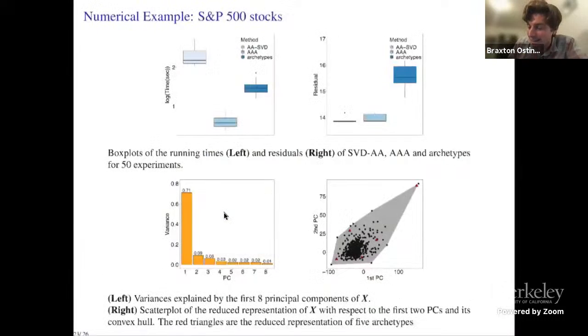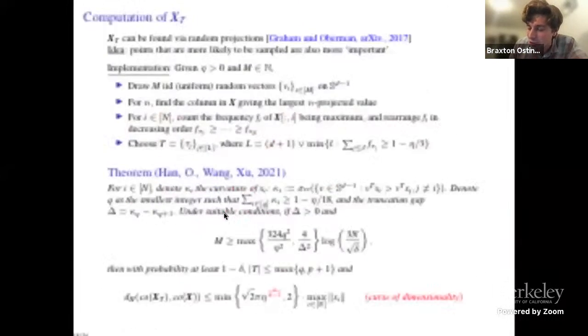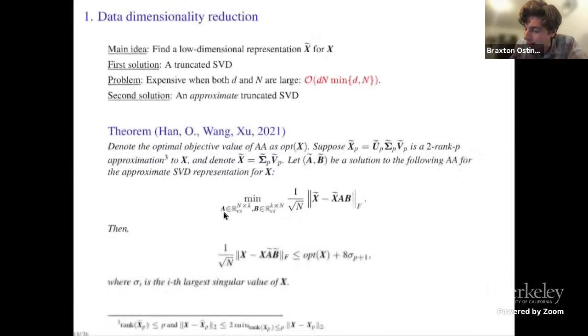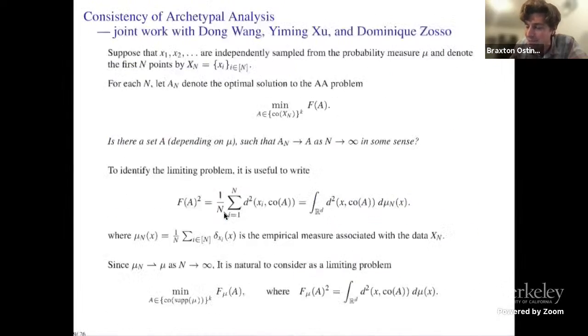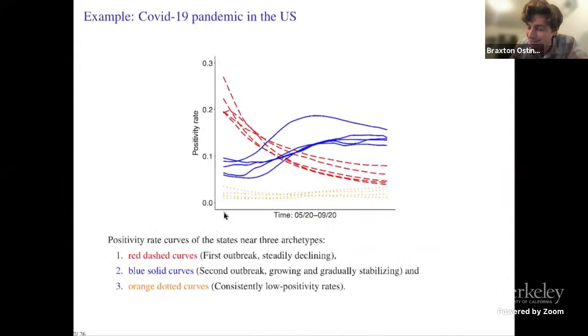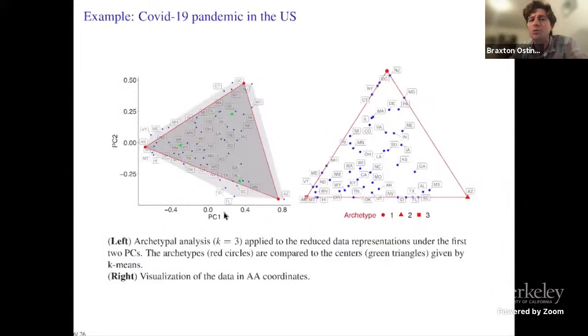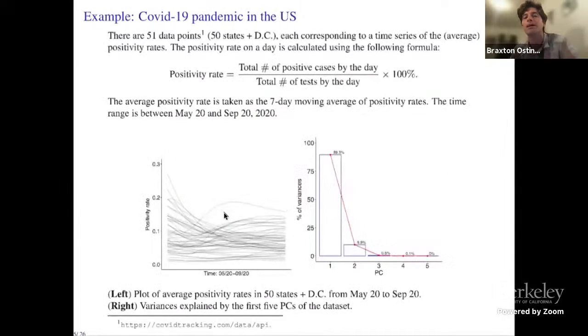Yeah, thanks for the question. It's true that choosing K in this method is a little bit tricky, and it's trickier than principal component analysis because when I increase K by 1, the old archetypes change. This is the beautiful property in PCA that does not carry over here.